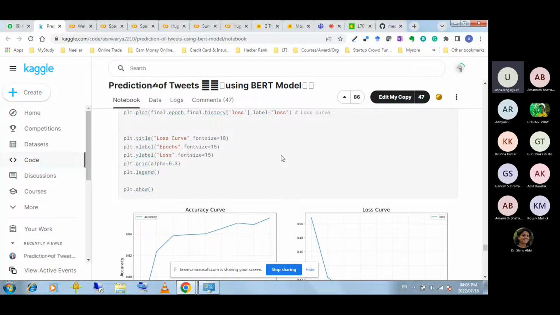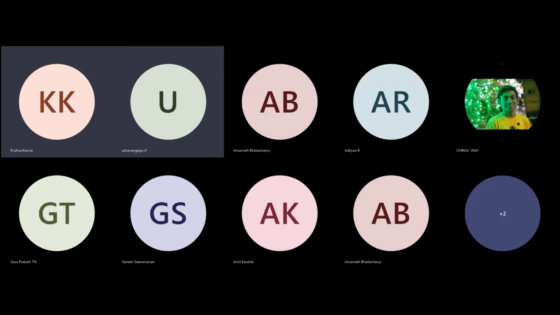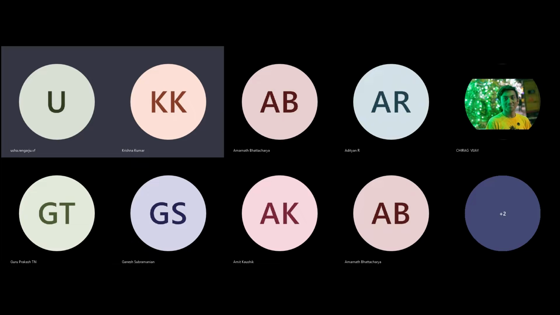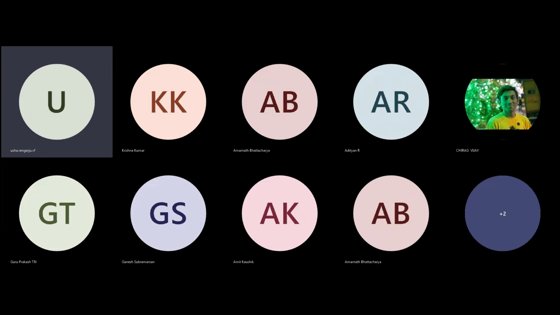Aditya, did you share your notebook in the chat window? Yes, ma'am, it's done. So he has done it on spam ham. Is anybody else trying a different data set? I'm doing Goodreads. Okay, good, because we want a demo on the other data sets. After you finish by 4:30, you give a demo on Goodreads.